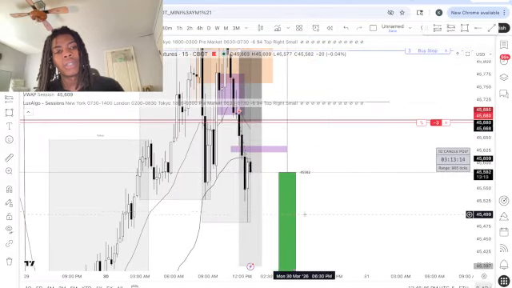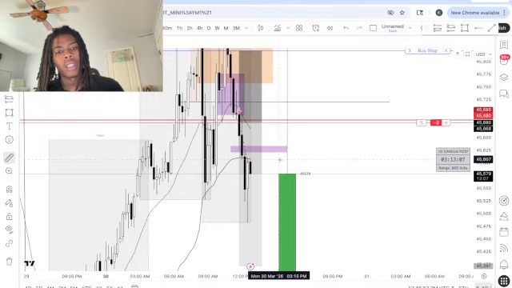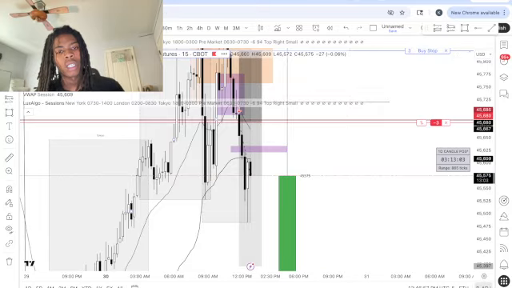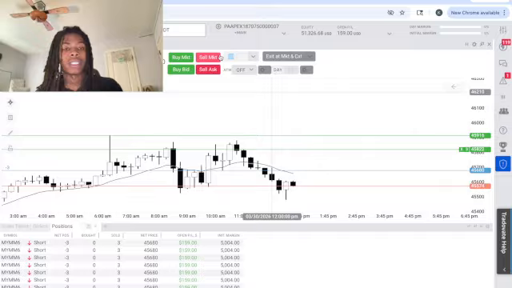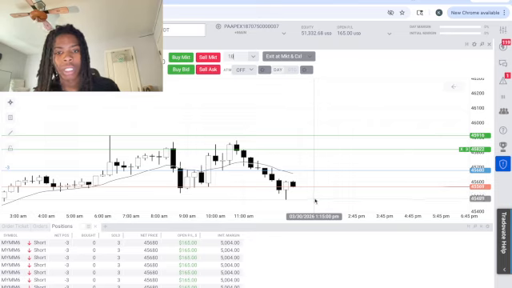Based on the 15-minute, let me see how many points that would be. I might be scaling in one contract. Actually, I am scaling in one contract at these lows.